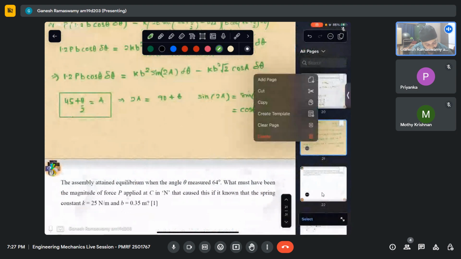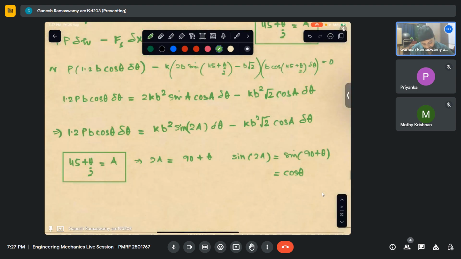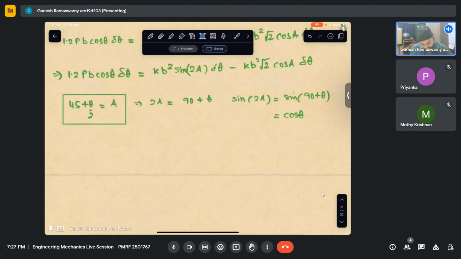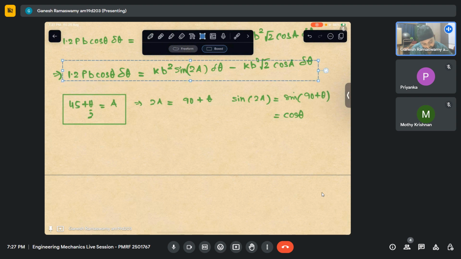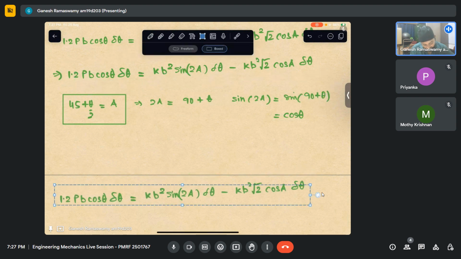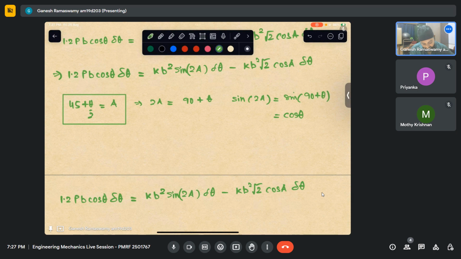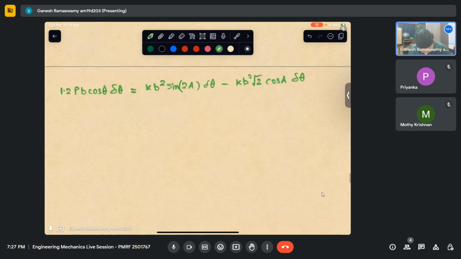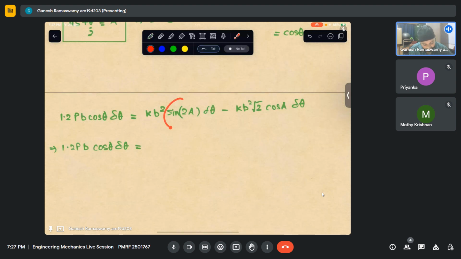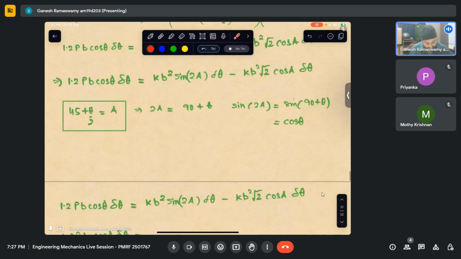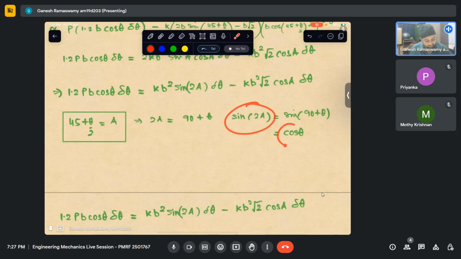So with that understanding, if I take this equation again and substitute, it gives me 1.2 P b cos theta delta theta, and since sin 2A is coming out to be cos theta, I'll put cos theta there.